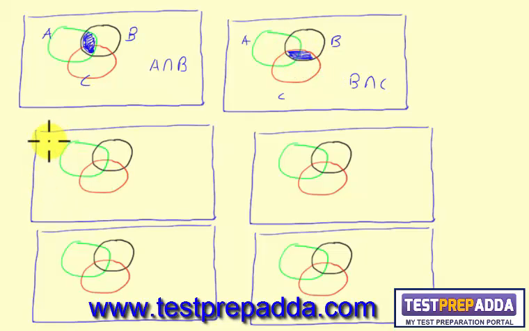Now here again A, B, C, three subsets of universal set U. If I write A intersection C, then it will be represented with this portion.